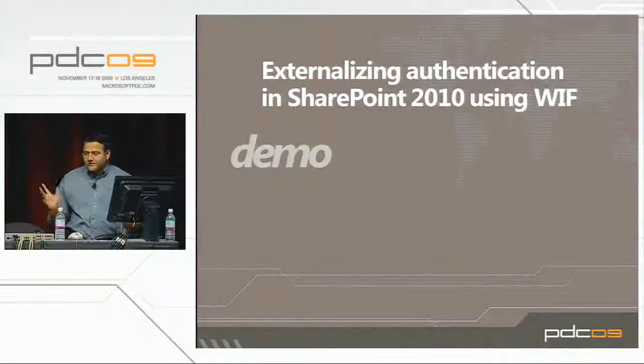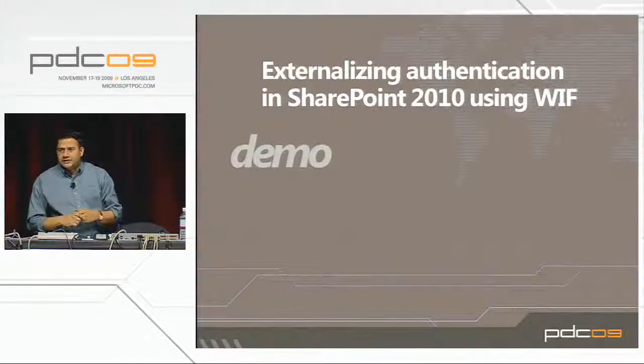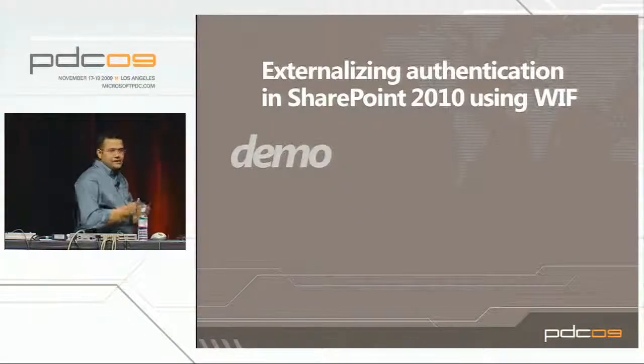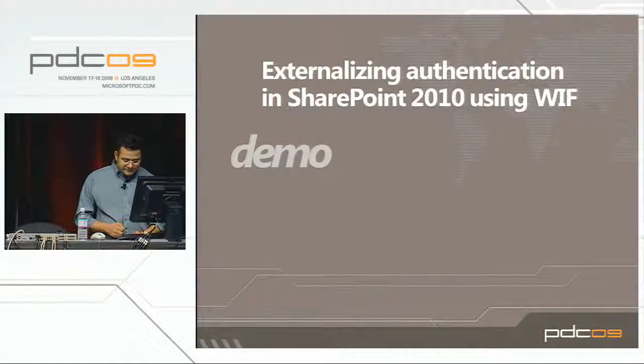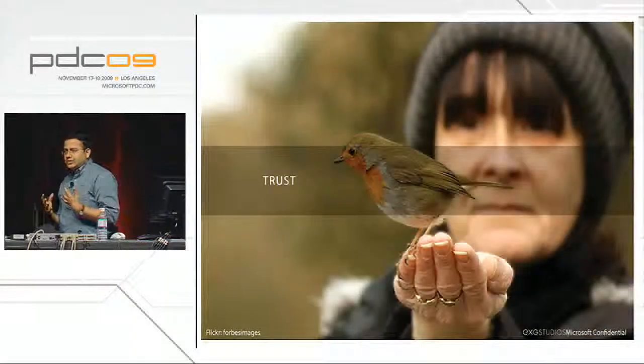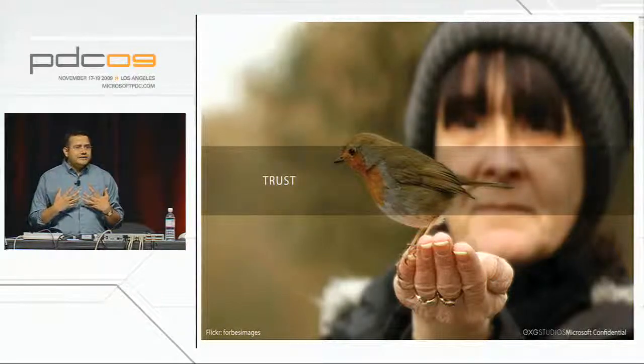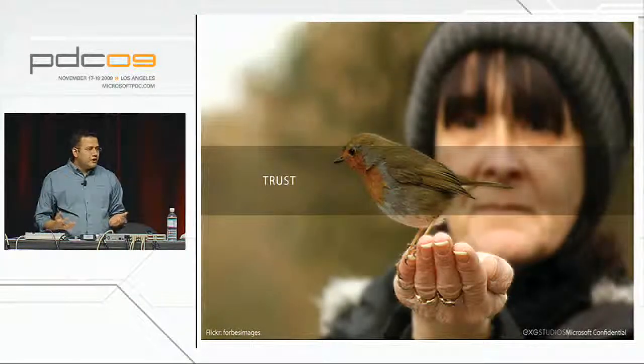Okay, the scenario would be that you would have seen a login page where you can select which authentication method the user wants to log in with and then get access to the application. What that boils down to is the trust. The application in SharePoint 2007 used to do everything by itself, all the authentication-specific logic.